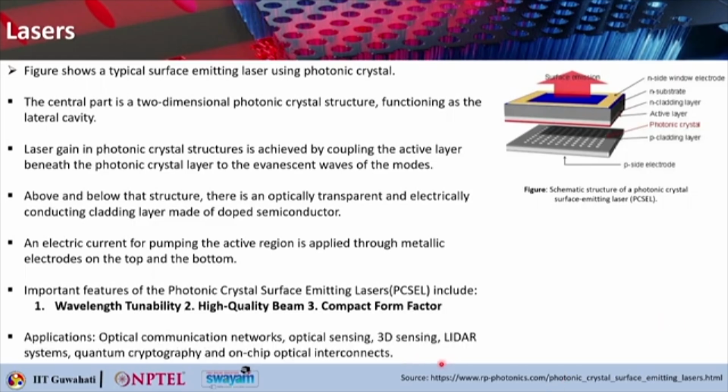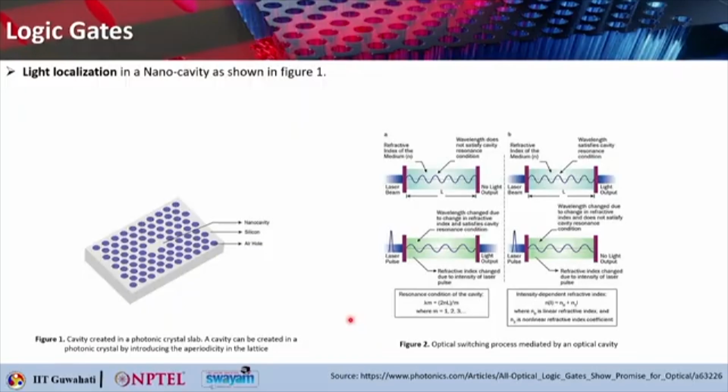We have already discussed the important applications: optical communication networks, optical sensing, 3D sensing, LiDAR applications, quantum cryptography, and on-chip optical interconnects. The next application would be in logic gates. Here you can see that this is a photonic crystal slab where a cavity is formed. So how does it work?